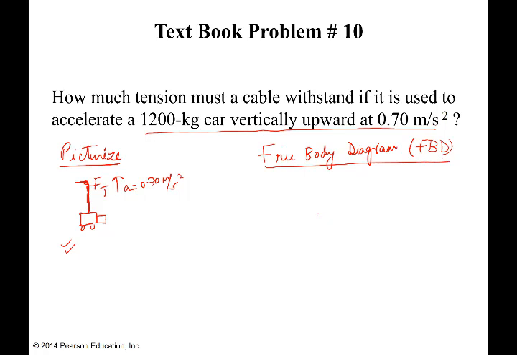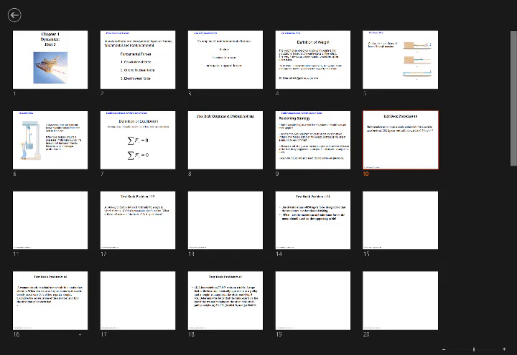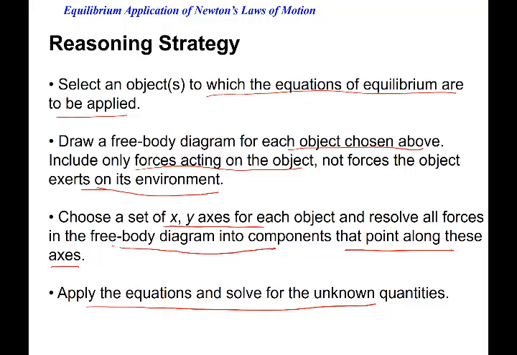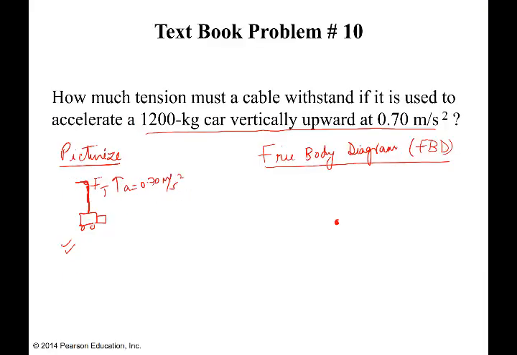The first step for a free body diagram is we just draw a dot for it. Instead of drawing the car, we draw a dot and we show the vectors that are acting on it.